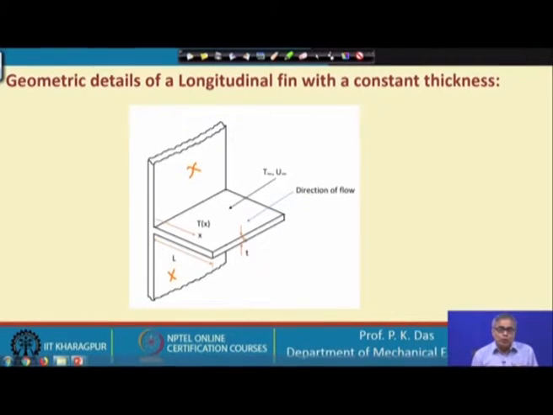There are two areas which are important. One area we can think of is this area. What is happening? The base, the primary surface, is hot.